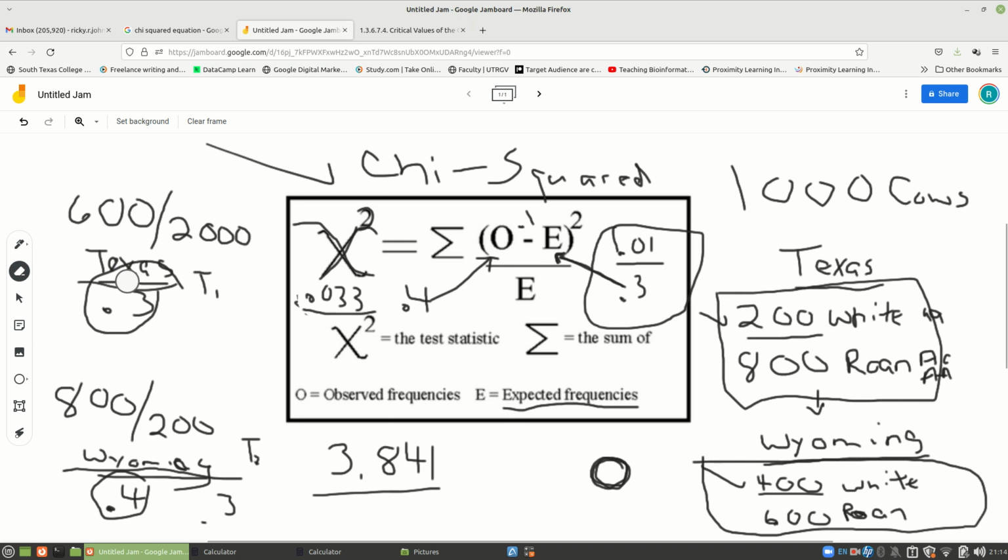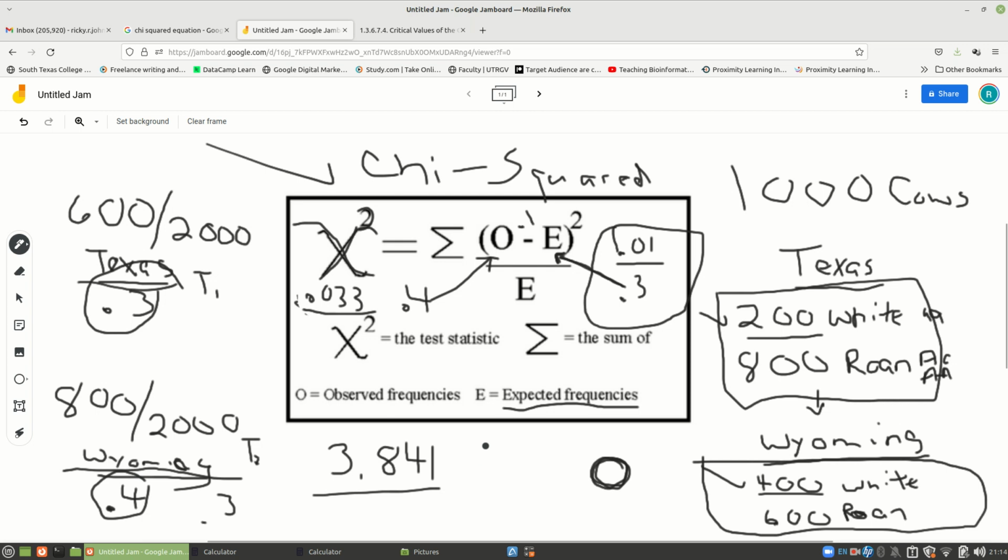When we calculated ours, we had 0.3 and 0.4, so 600 out of 2,000, and we went up to 800 out of 2,000, that just wasn't enough. Going from 0.3 to 0.4 just wasn't enough for us to claim that this was statistically significant.